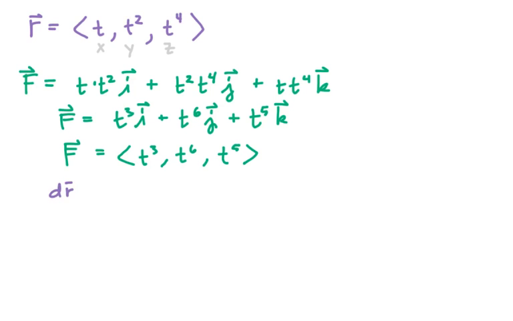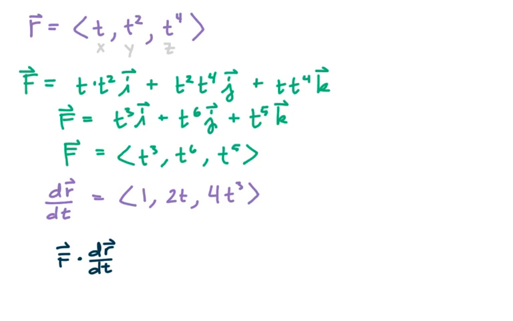So then dr dt, that's just going to be the derivative of each of these components. We have 1, 2t, and 4t cubed. Then that means F dotted with dr dt will multiply and then add each of these three components.